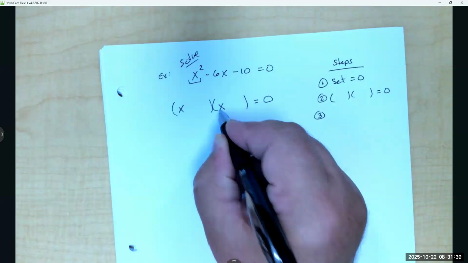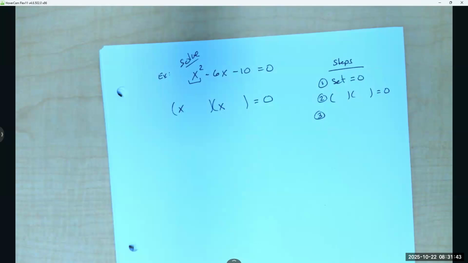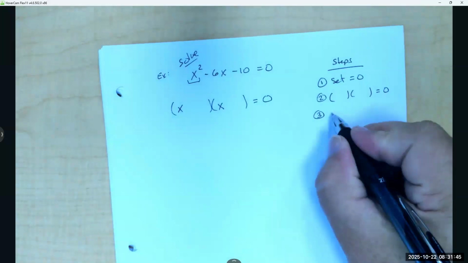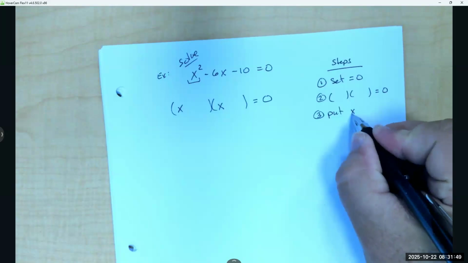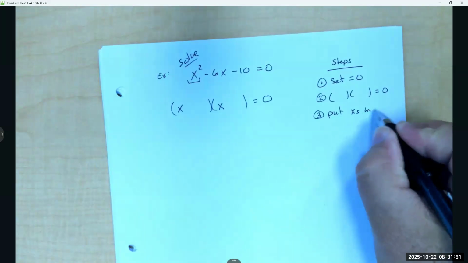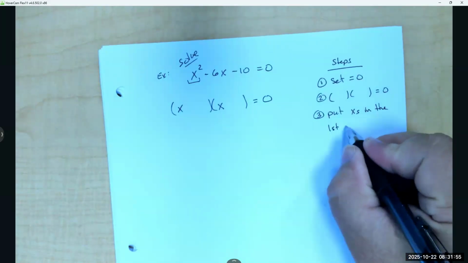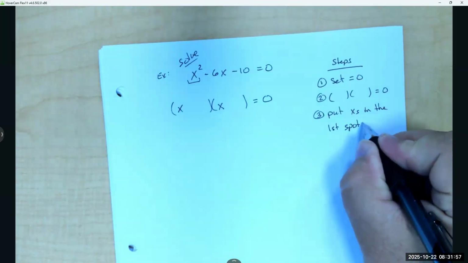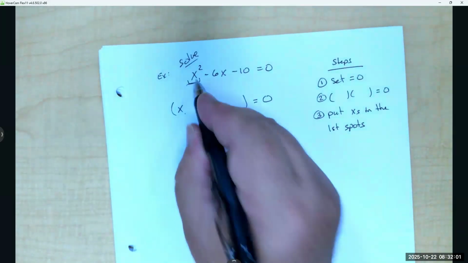That's exactly right. So this first term came from the first spaces inside the parentheses. Put x's in the first spots. So we did that, x and x. So that equals the first one.